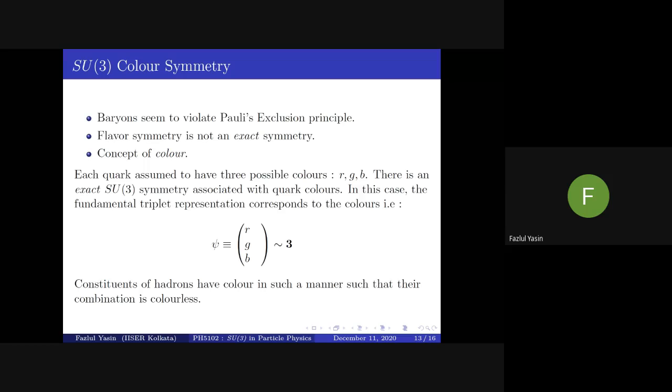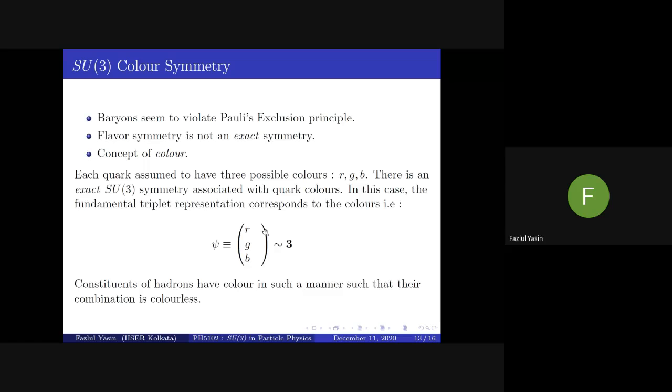In case of the mesons, they are made up of basically a quark and an antiquark, and so the quark would have some color and the antiquark would have the complementary color of that color to give us a colorless hadron. In the case of baryons, say for example, if all the three colors are present for the three quarks or the three antiquarks, R, G, B, or R bar, G bar, B bar, then it will give us a colorless hadron.